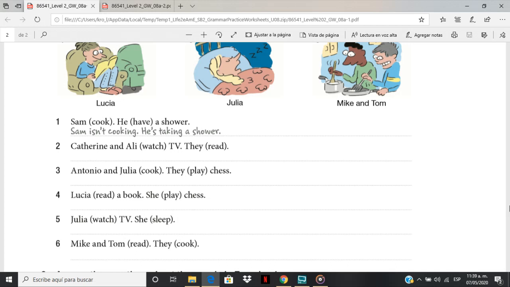Sam isn't cooking. He's taking a shower. So you can combine making a negative, a false statement, and then a true statement. So a negative sentence and a positive sentence you can combine. Pause the presentation if you need it and then try to answer this.